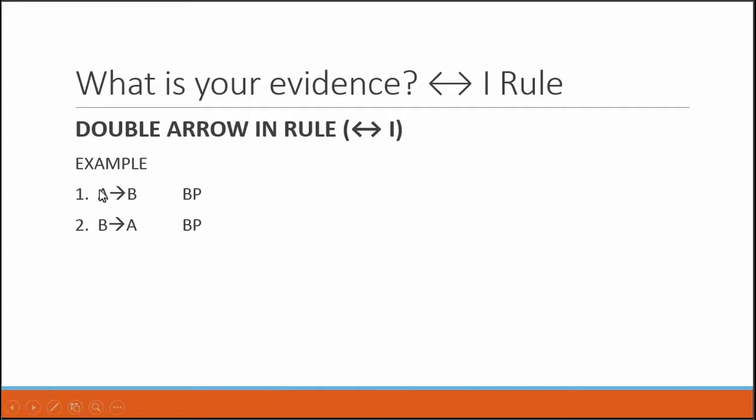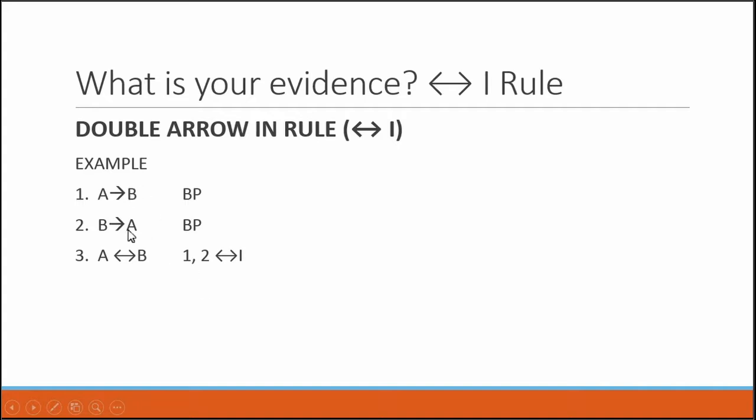Since the antecedent of the first conditional, A, matches the consequent of the second conditional, A, and the antecedent of the second conditional, B, matches the consequent of the first conditional, B, right? Since they match here and here, we can infer A if and only if B. When we use the double arrow in rule, we need to cite two lines.